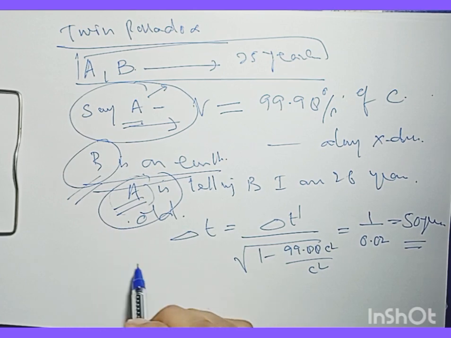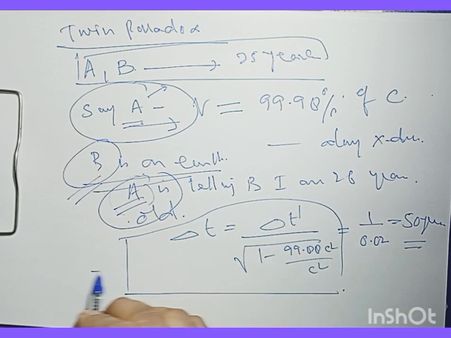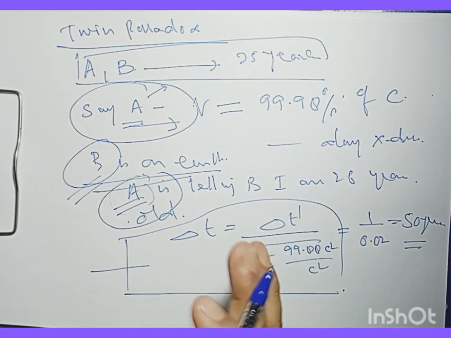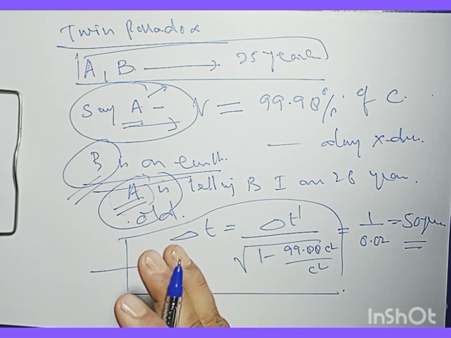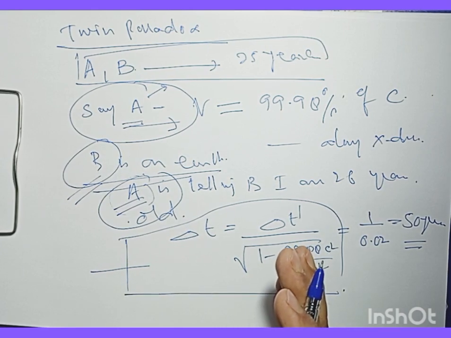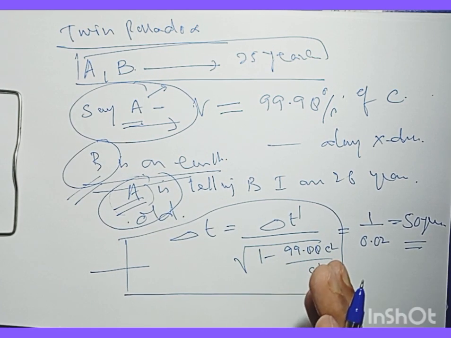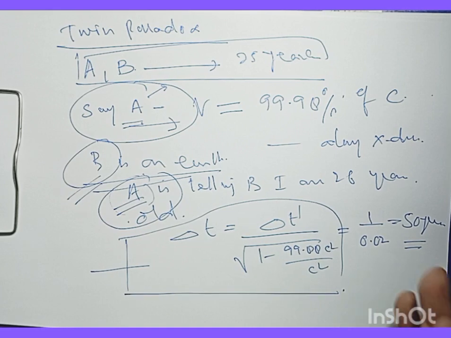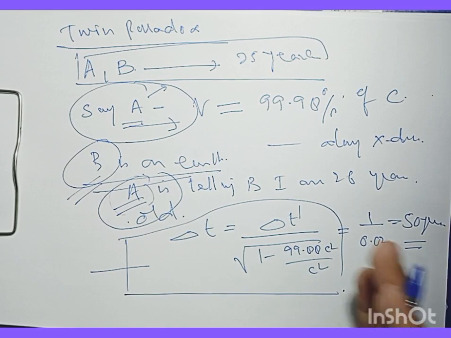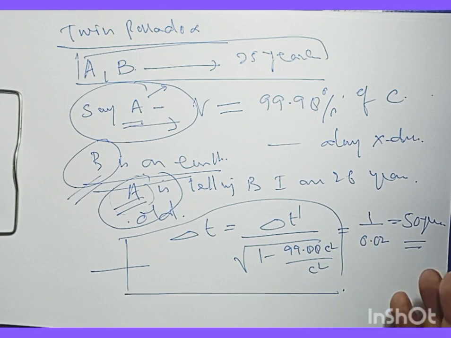Now the point that is important for this experiment is that it is a paradox because if the spacecraft has to move in outer space, it has to undergo accelerations, and the equations that we have discussed are valid for inertial frames of reference. For a person in a spacecraft, the spacecraft has to accelerate, and these equations are not valid for acceleration. So from that point of view, it's a paradox.